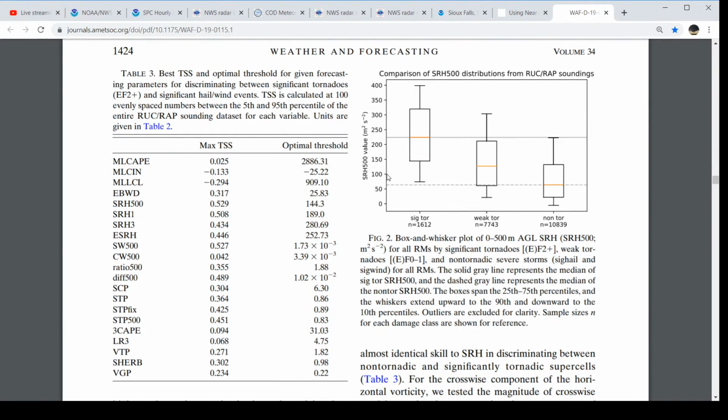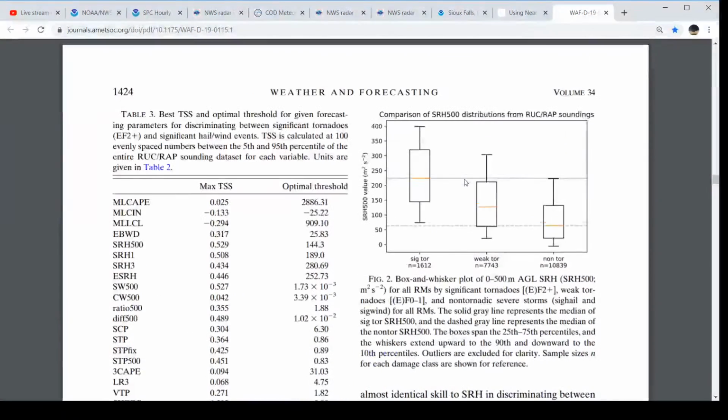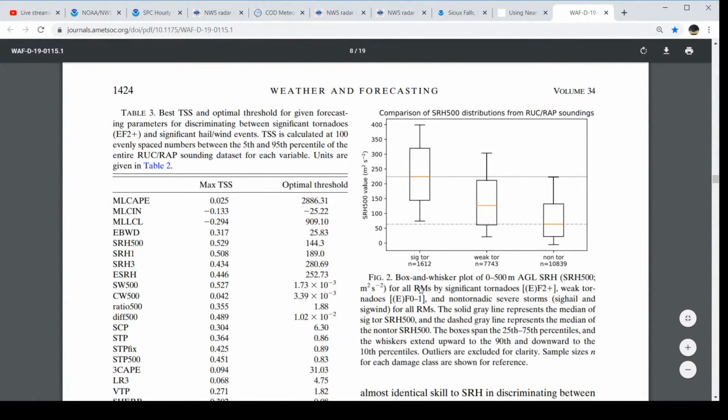Now where that 100 is at, there is a chance of a weak tornado according to this, but you still have to consider all the other factors like CAPE, convective inhibition, SRH, but this just gives you a general idea.